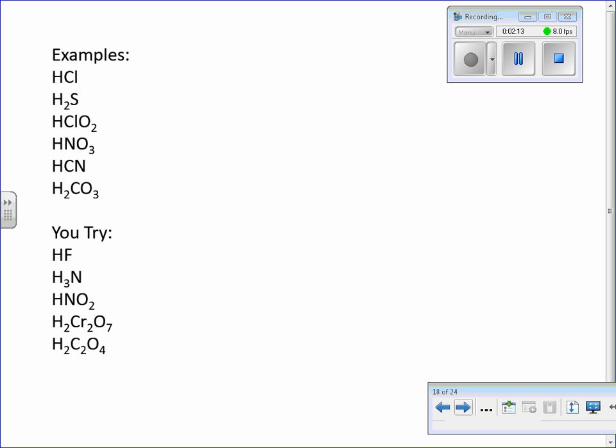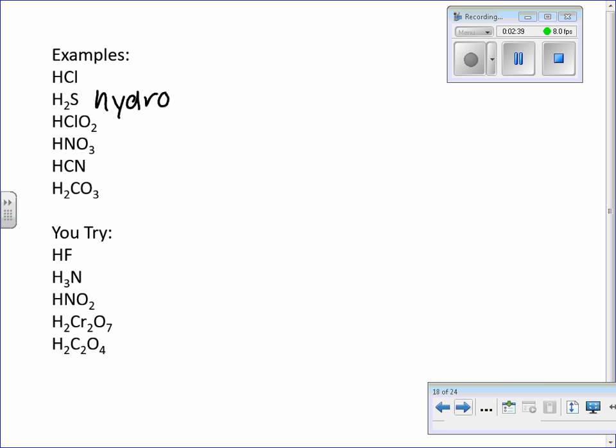Alright, let's go through a couple of examples, because I know we went through most of these in class, but let's start again. The first step is we have to recognize: are we dealing with a polyatomic ion or just an element? So let's look at this one. We have hydrogen and sulfur. Sulfur is not a polyatomic ion, so we know we have to put hydro in front.